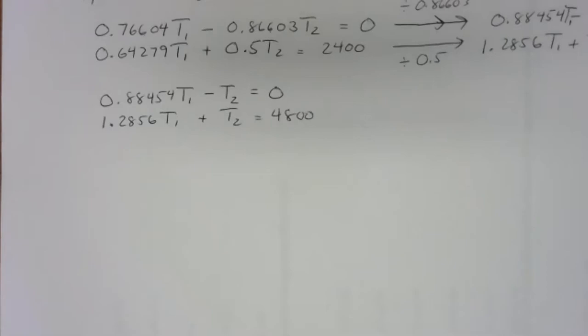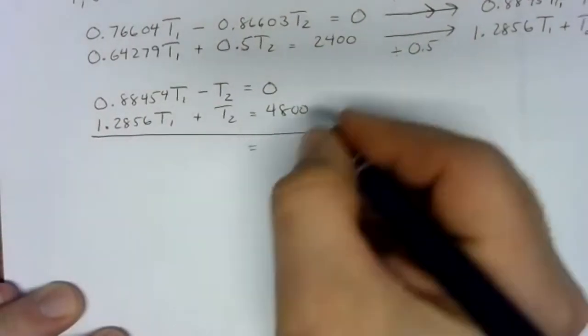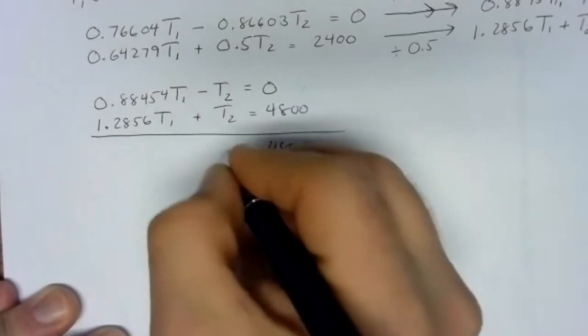If we add these two equations together, the T2s will cancel out. So let's go ahead and do that. On the right-hand side, it's just 0 plus 4800, so that's 4800.